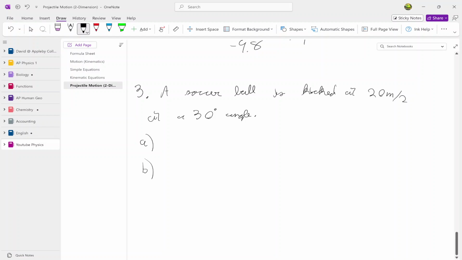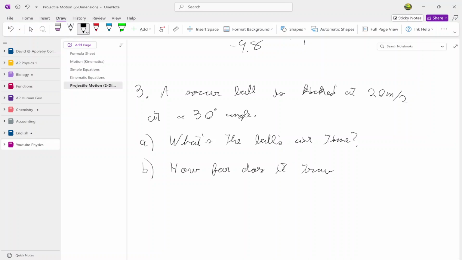So, A and B. What is the ball's air time? So how much time is it in the air for? And then how far does it travel horizontally? Because vertically it would be a bit too easy.